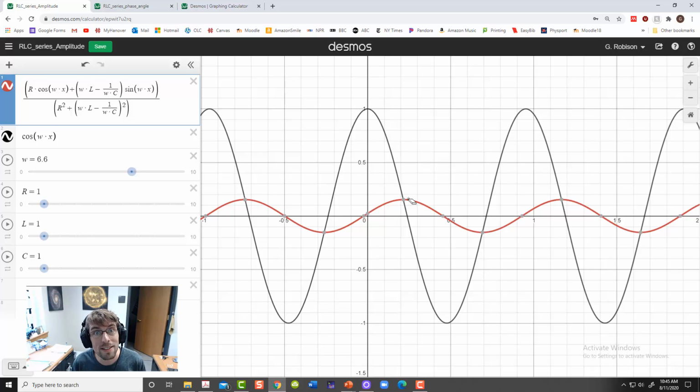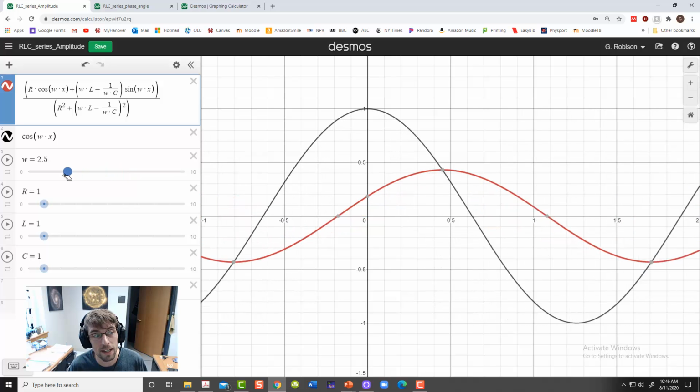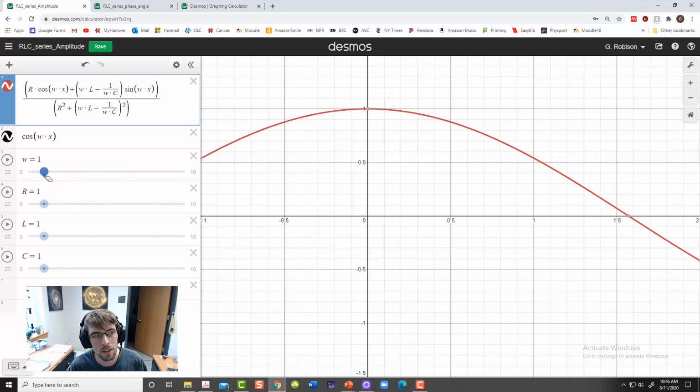What we're really witnessing here is the individual contributions of the capacitor and the inductor to the resulting current. When the contribution of the capacitor perfectly cancels that of the inductor, we notice that it's in phase. The current and the potential are in phase. Or alternatively stated, the impedance is only real, or we call that a purely resistive circuit.